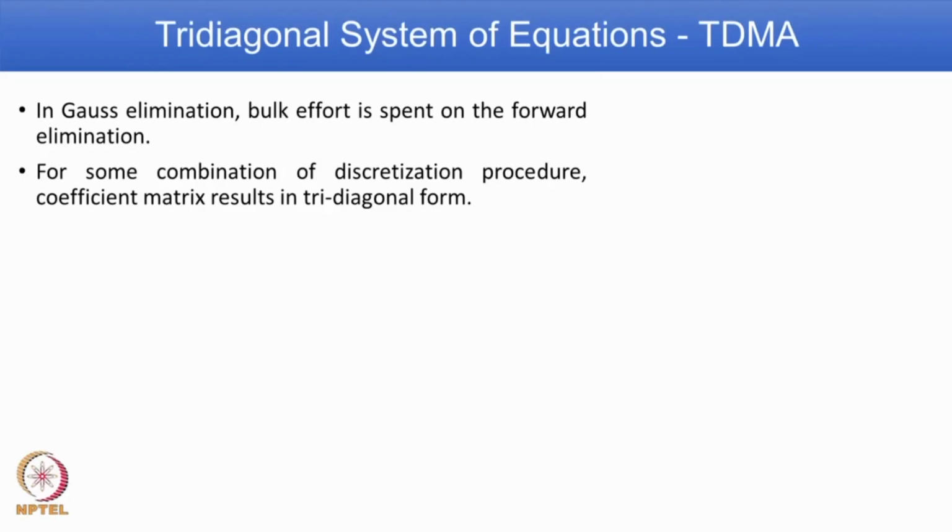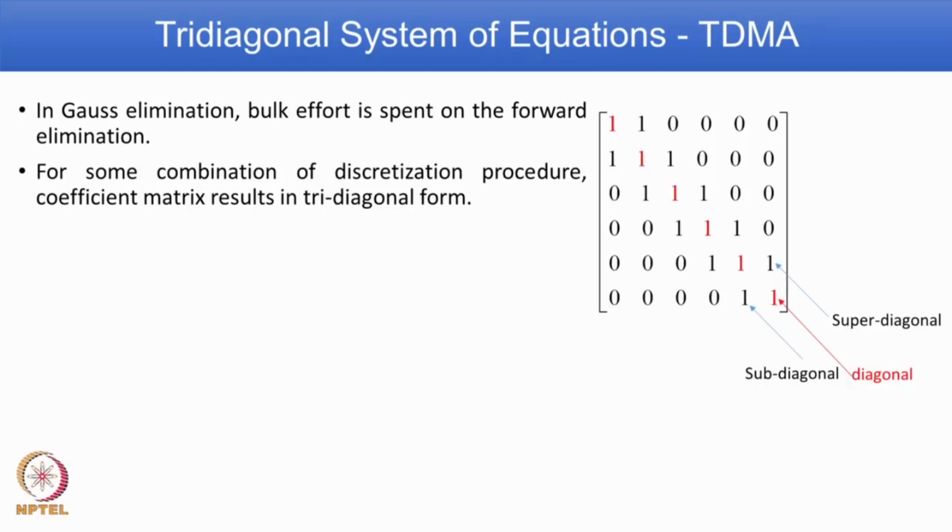We also learned different discretization procedures, for example, central differencing, forward differencing, backward differencing, pure upwinding, QUICK and combinations. Whatever the method you follow, for some combinations the coefficient matrix will result in what is known as a tridiagonal form.